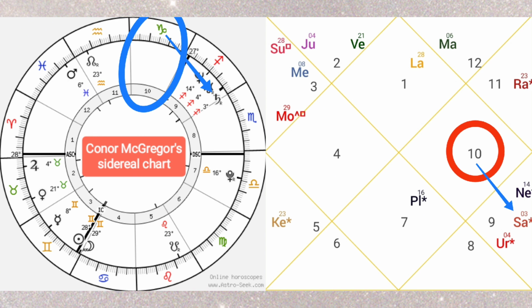Now, another example of foreign settlement for jobs is, and this may not be foreign settlement, it may just be the job requiring for you to travel frequently, or perhaps travel for a short time period. So for example, if you look at LeBron James's sidereal chart and you see that his sixth lord, which is Mars, goes into the ninth house.